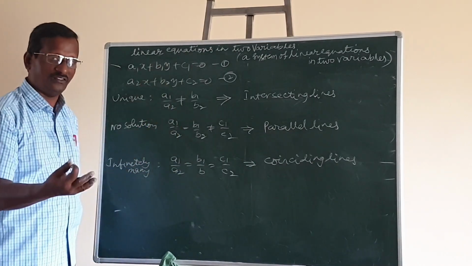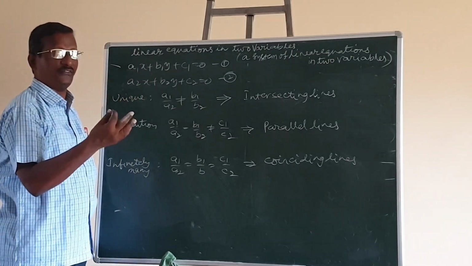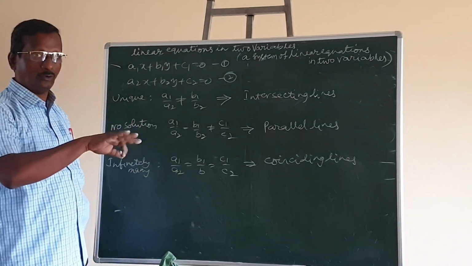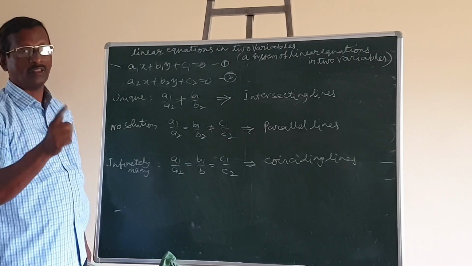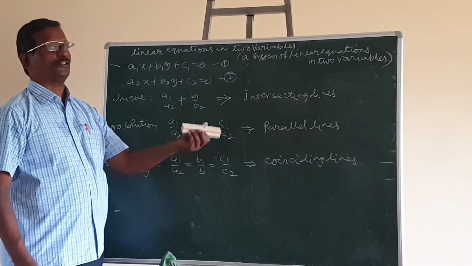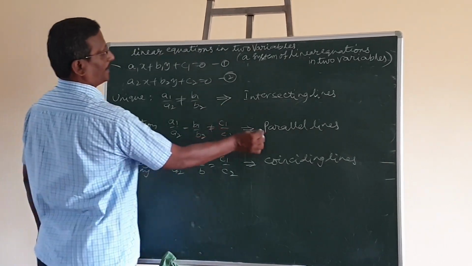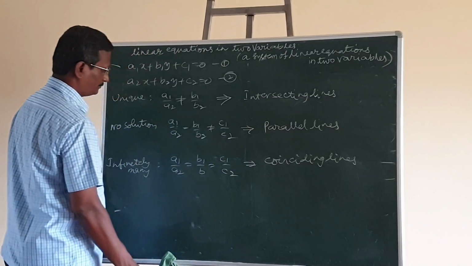So the points are infinitely many. Solutions to that single equation are also infinitely many. So each solution is corresponding to the coordinates of a point on the Cartesian plane, or you can say the graph. Here, intersecting lines, parallel lines and coinciding lines.